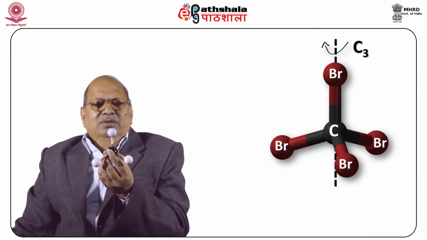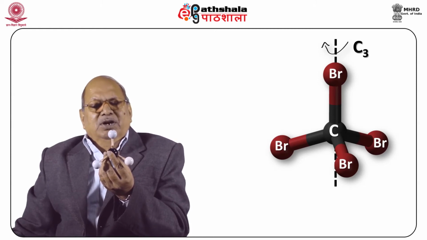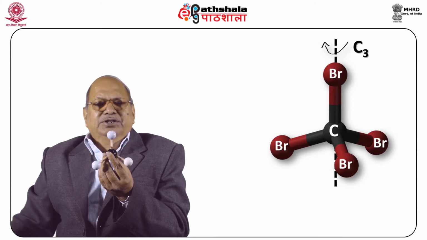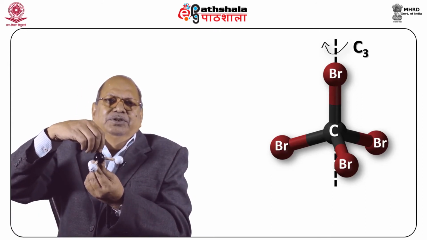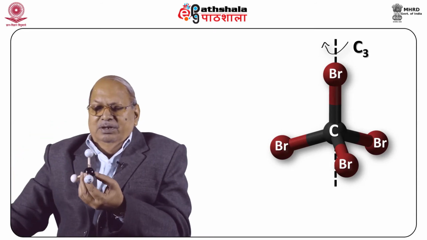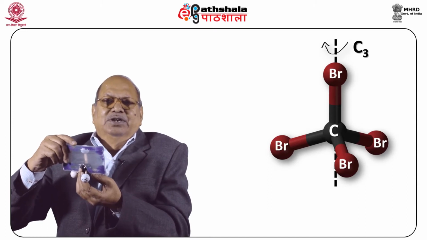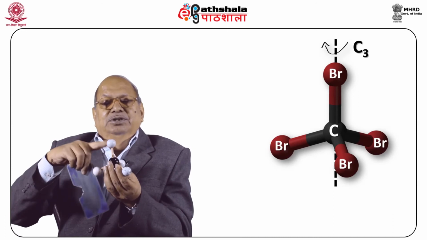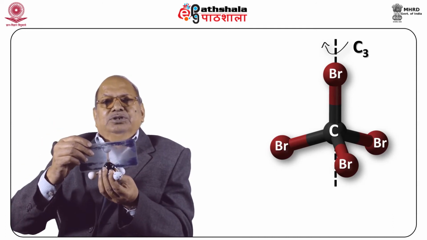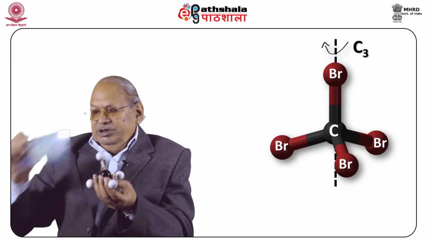Now here let me just take the C3 operation. How many bond vectors are shifted? 3 bond vectors are shifted. This is not shifted. If I carry out one of the sigma like this, 2 bond vectors are not shifted, 2 are shifted. These are lying, these and these, they are lying in the mirror plane. So these are not shifted, and these are shifted.